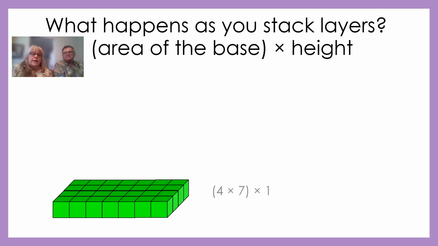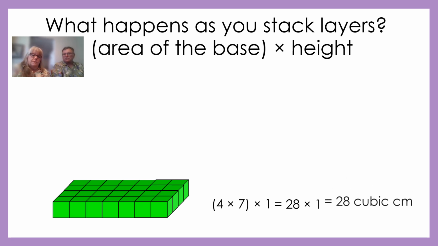So as I'm doing the multiplication, I can multiply length times width times height: the length times width is 4 times 7, and I have 1 layer, so the height is 1 centimeter. But I can also think about it as being the base of 28 times 1 layer, which is 28 cubic centimeters.